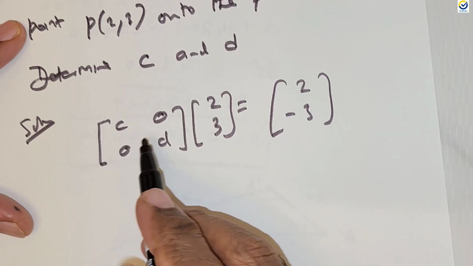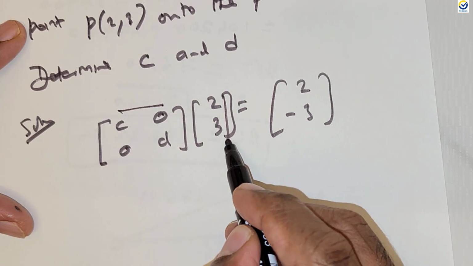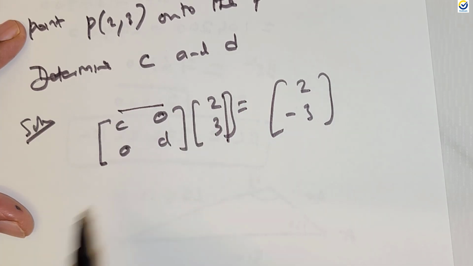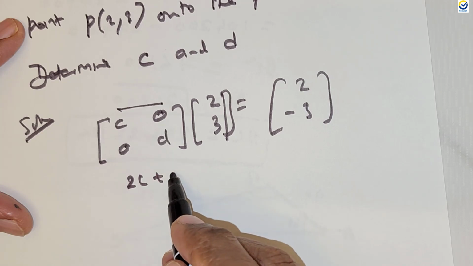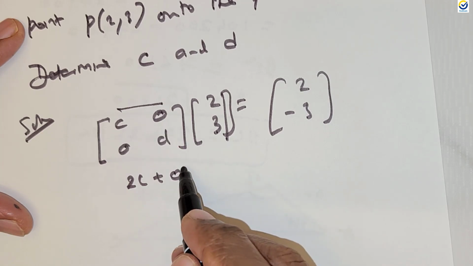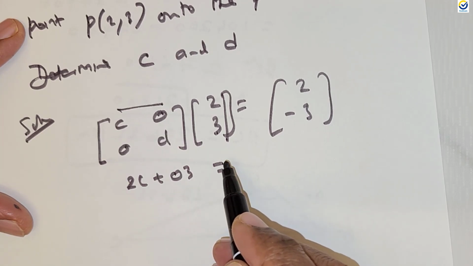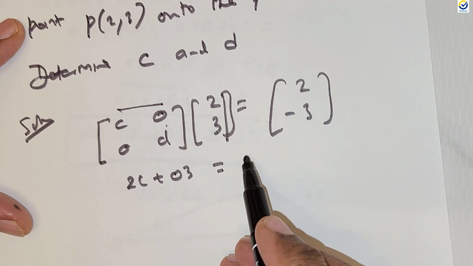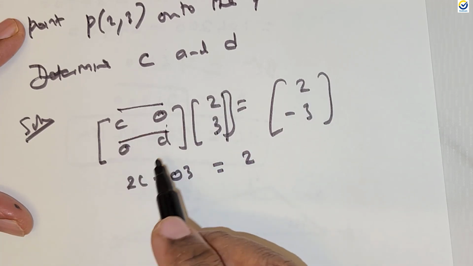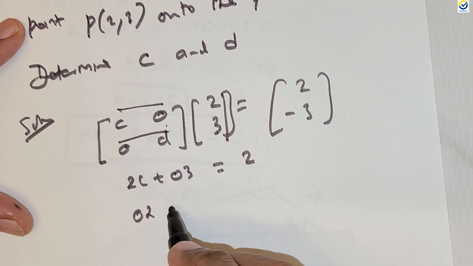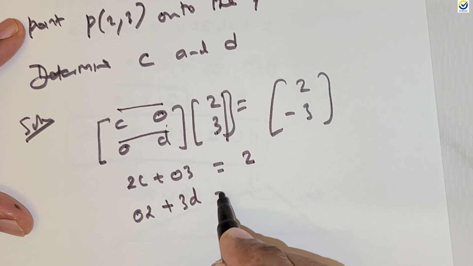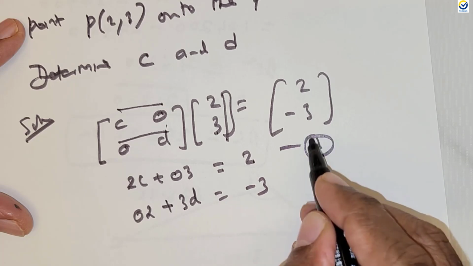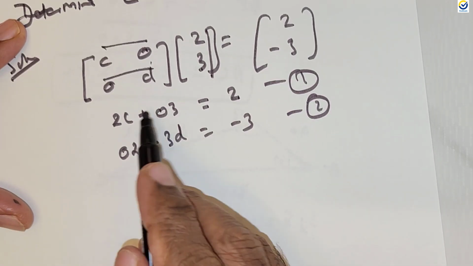So we have to get the value of C and D. You take the row, multiply with the column. So 2 times C plus 0 times 3 is equal to 2, and row with the column, 0 times 2 plus 3 times D is equal to -3.